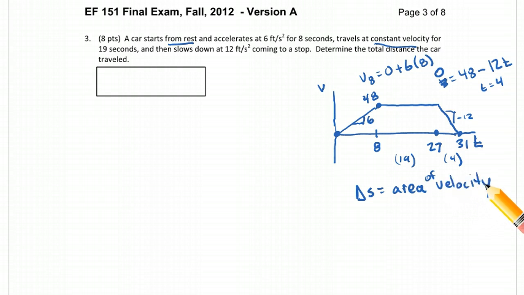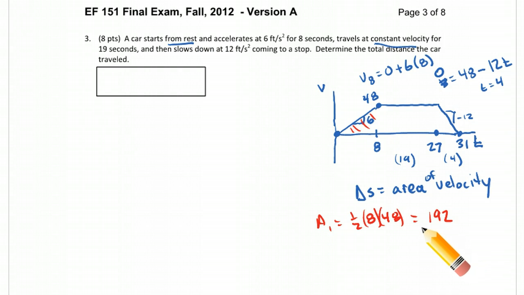Okay, we know that change in position is the area under velocity. So I can simply find these three areas. Okay, so area 1 is 1/2 the base times the height. That equals 4 times 48, which is 192. Okay, that would be units of feet per second and seconds, so this is feet.